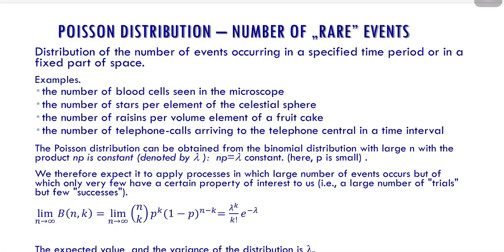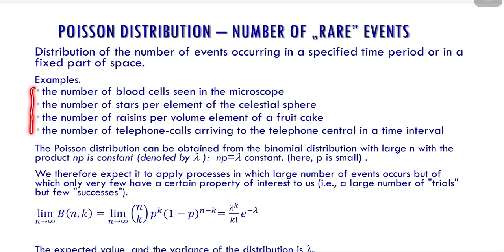The third one is the Poisson distribution, or the number of rare events, which is very important. In the last method we studied the number of successes. But in this method, it is the distribution of the number of events occurring in a specific time period or in a fixed part of space.